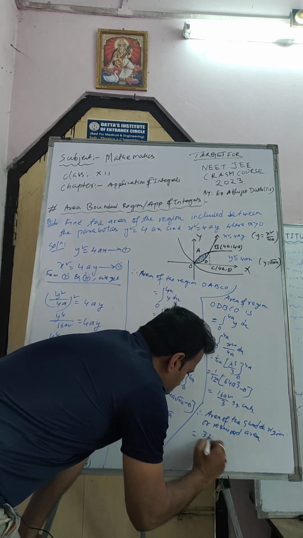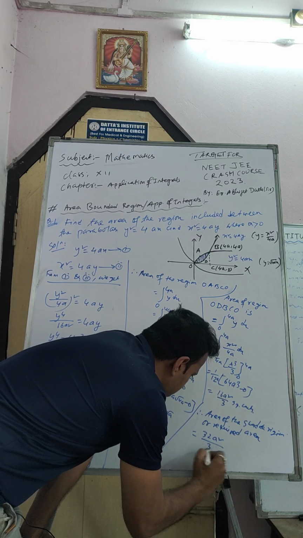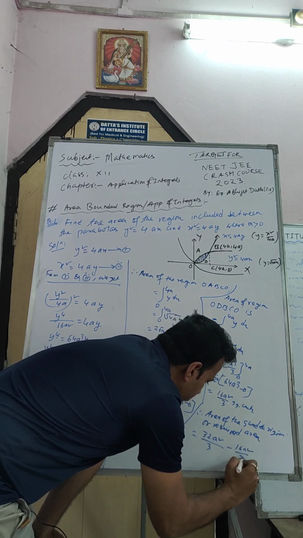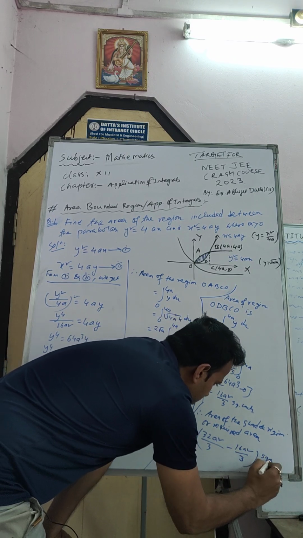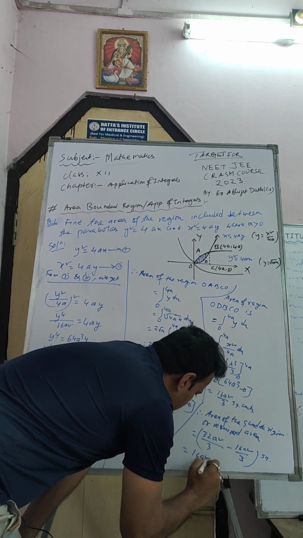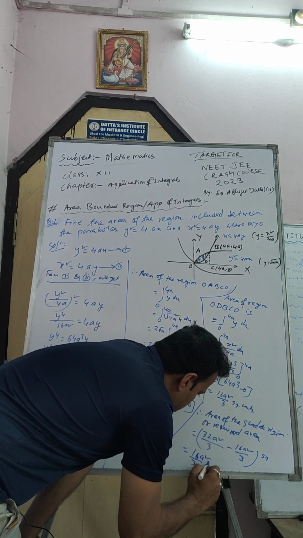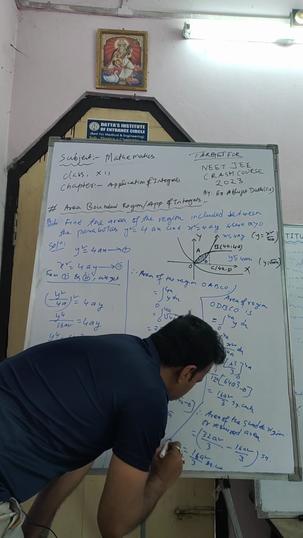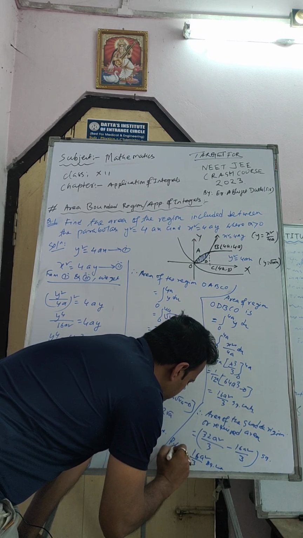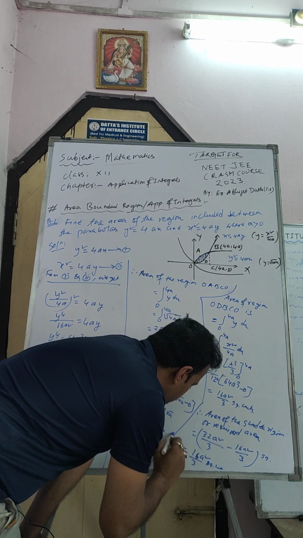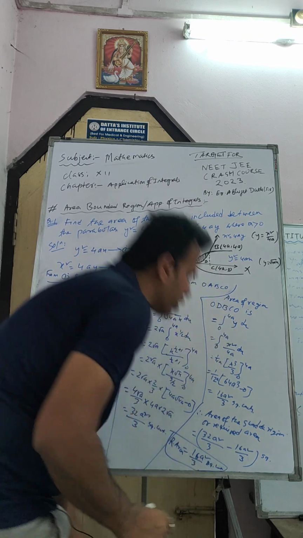There will be 32a square by 3 minus 16a square by 3 square unit, and it will be 16a square by 3 square unit. This is the required area. So this is the answer, 16a square by 3.